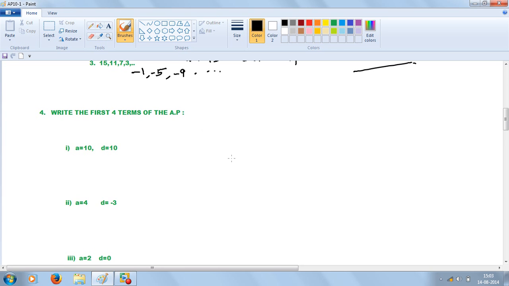There's one more progression, harmonic progression. Harmonic progression is just the inverse of the arithmetic progression. For example, when the arithmetic progression is 1, 3, 5, the harmonic progression is 1 by 1, 1 by 3, 1 by 5, and so on.